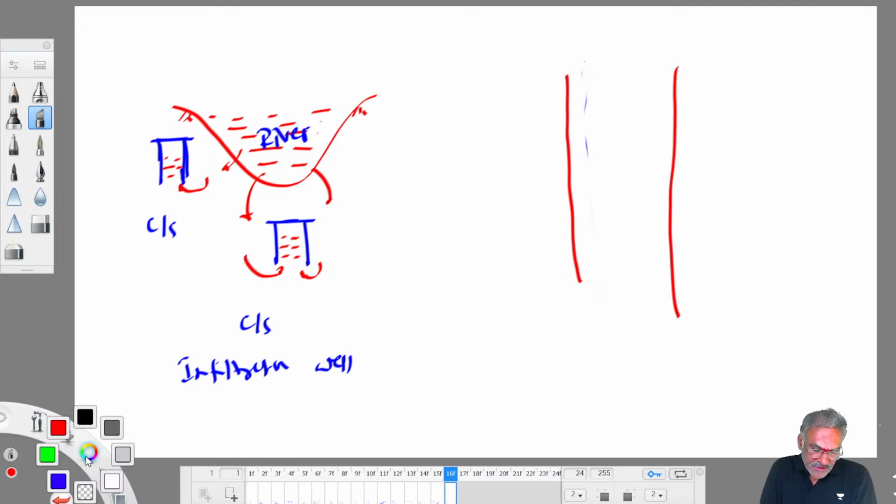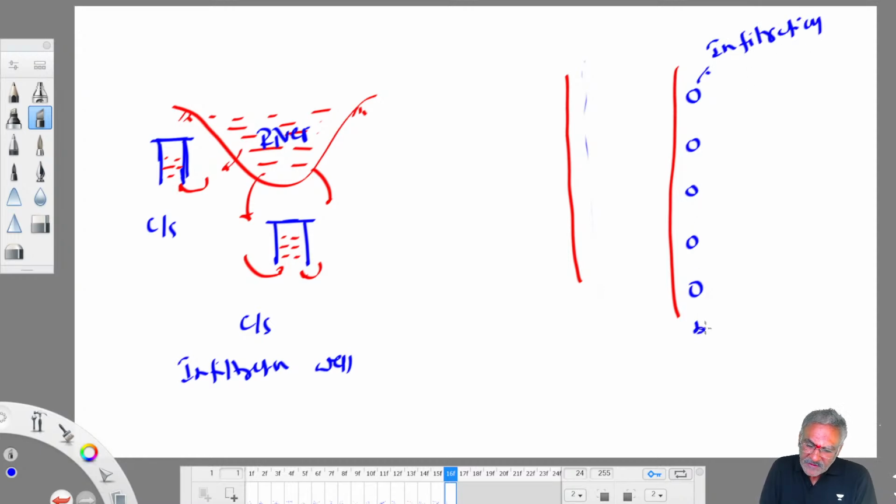We construct these either at the bed of a river or bank of a river, or inside the river also you can construct.